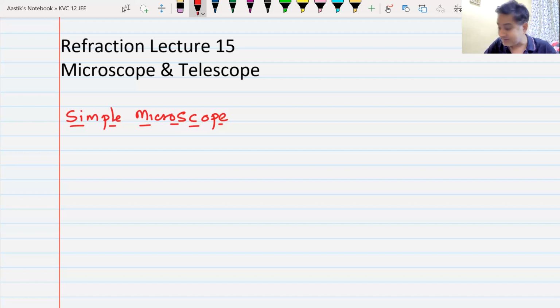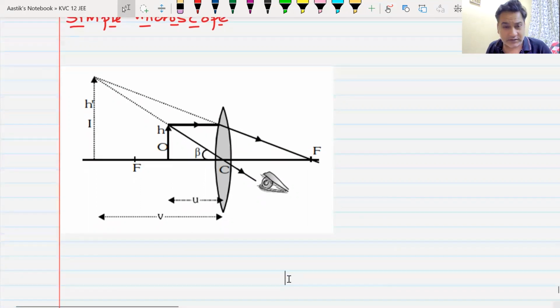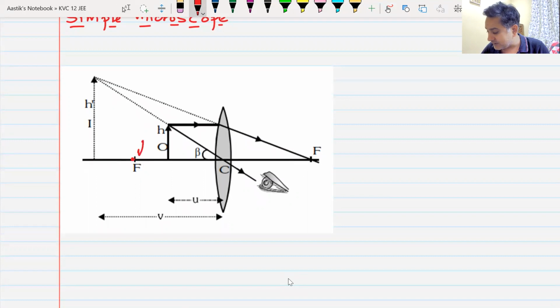And this is a simple diagram of a microscope. I hope you can see this. Here there is only one lens, so there is no eyepiece and objective. This is a simple convex lens, and this is the focus of this convex lens. This is the optical center.